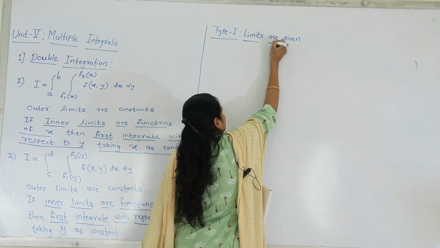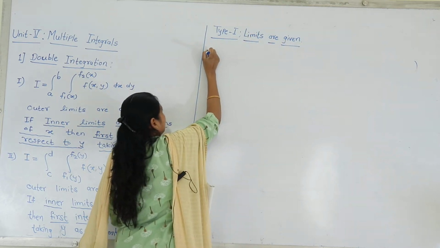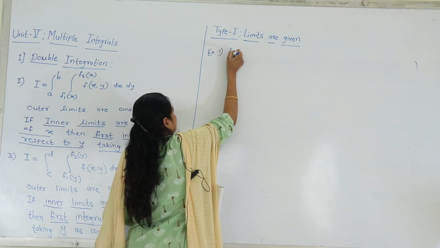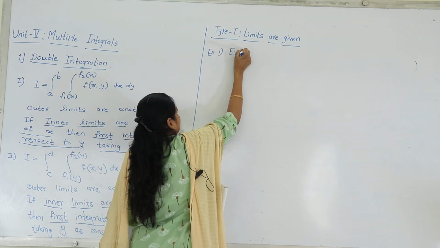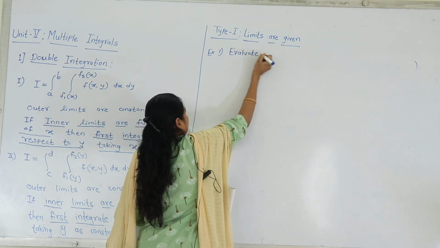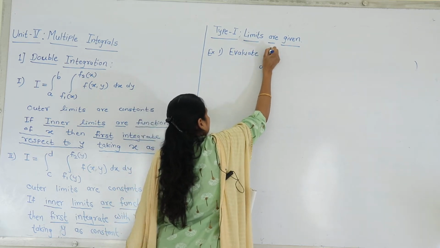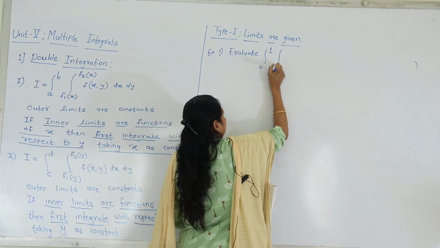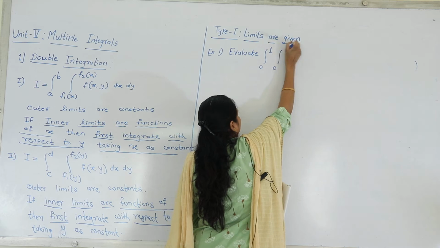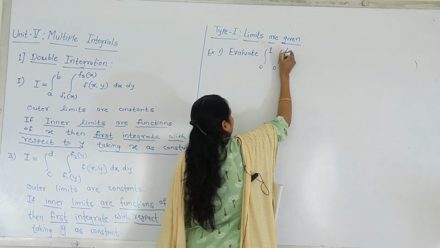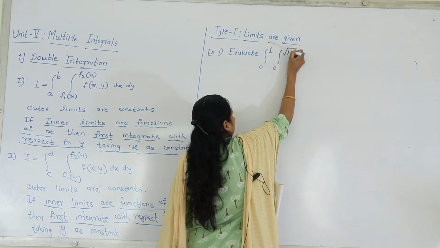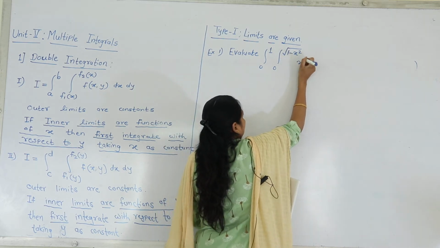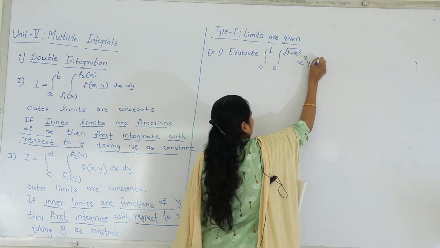First example: evaluate the integral from 0 to 1, integral from 0 to under root of 1 minus x square, of x square y dx dy.